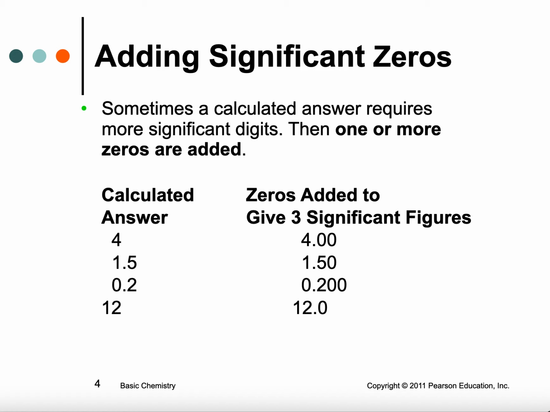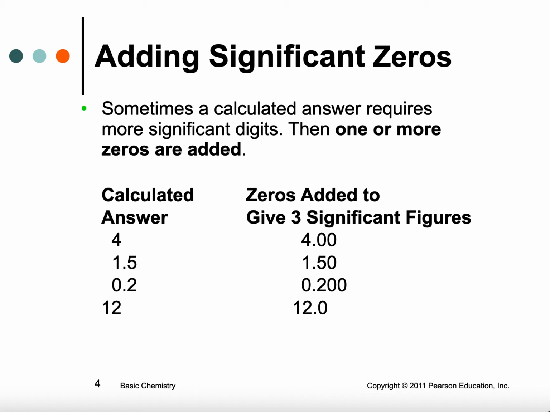Sometimes a calculated number requires more significant digits. Then one or more zeros are added. If your calculator answer is simply the number 4, but your measurements had 3 significant digits in them, then I express a 4 as 4.00 because that's 3 significant digits.